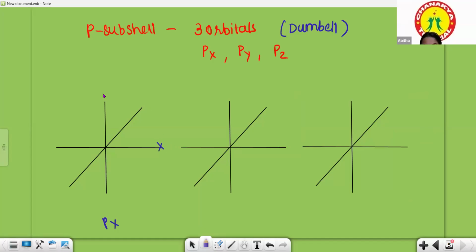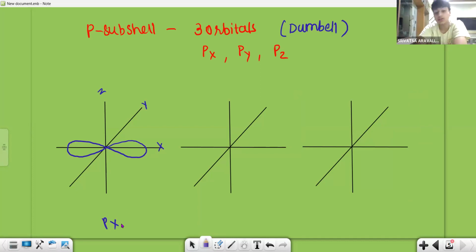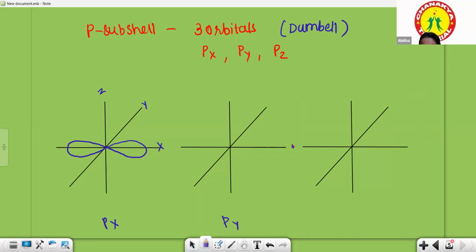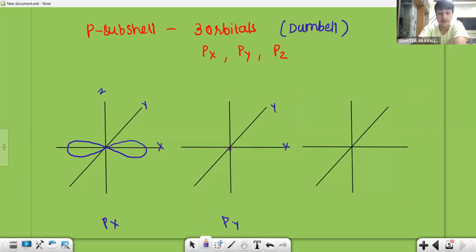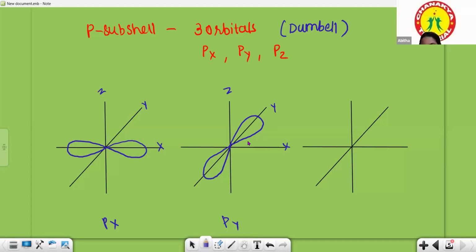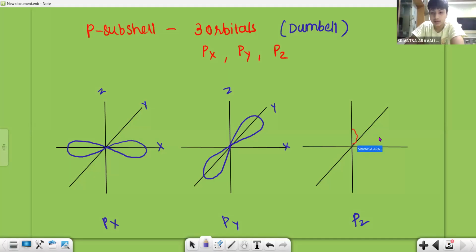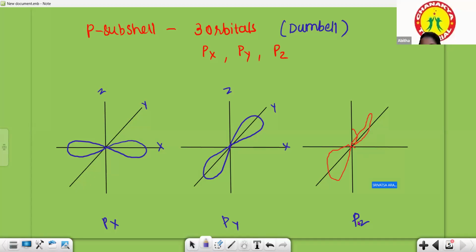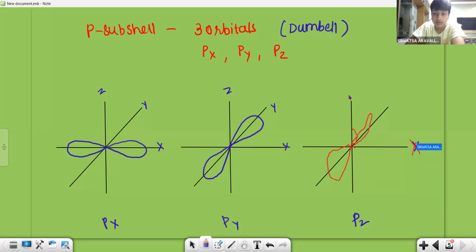Let's say I'm considering this as my X, Y, and Z. In the X axis, I can find a lobe where I can find electrons. That's what Px means. Py means in Y you can find electrons. When coming to Z, I'll show you, ma'am. It will be like this. Which axis have I mentioned here, Srivatsa? Oh, sorry, ma'am, look.